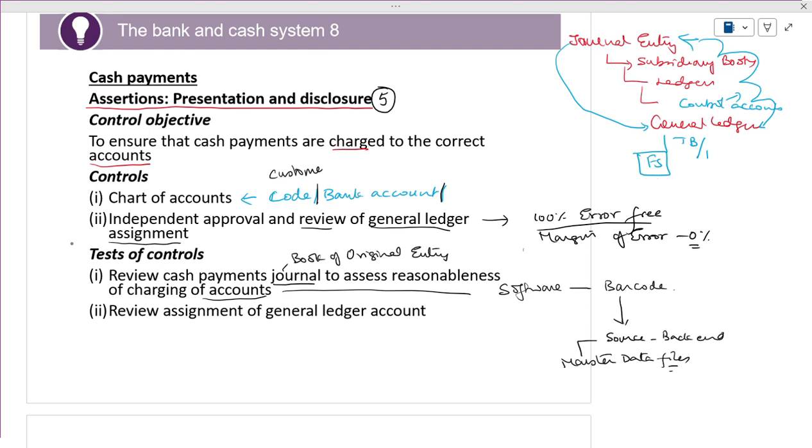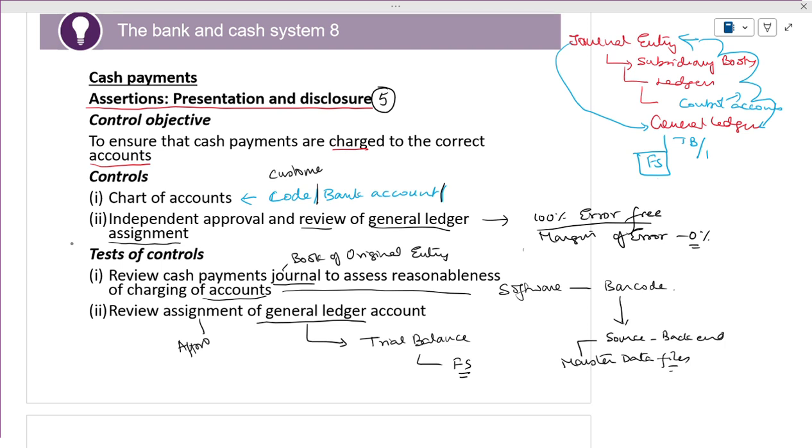Review the assignment of general ledger accounts, whether it has been approved, because the general ledger is the final point. The moment there is a general ledger, it leads to the trial balance. Based on the trial balance, we will prepare financial statements, which is presentation and disclosure.